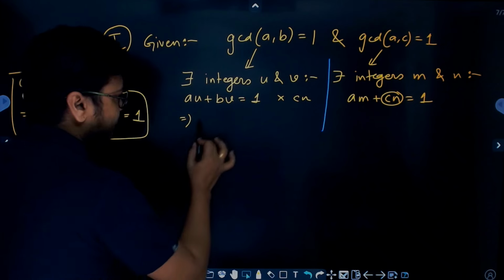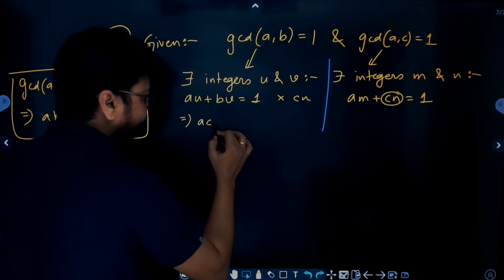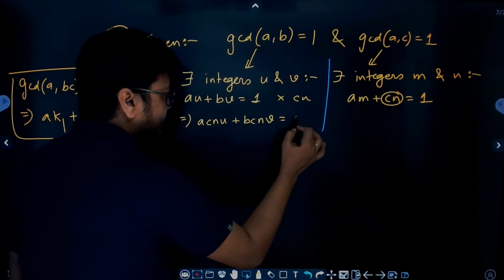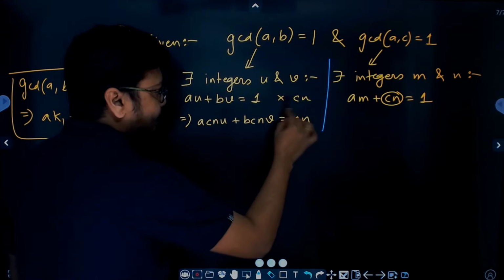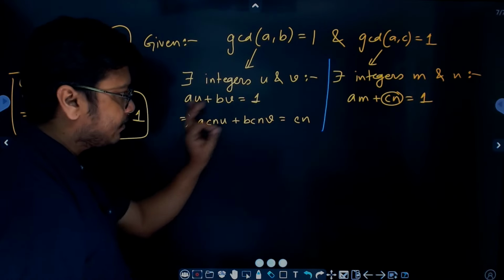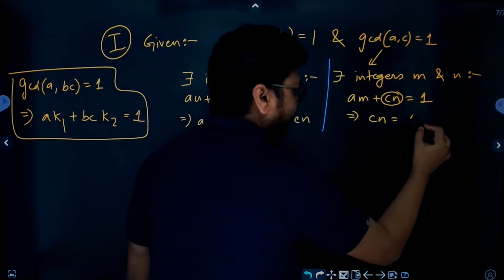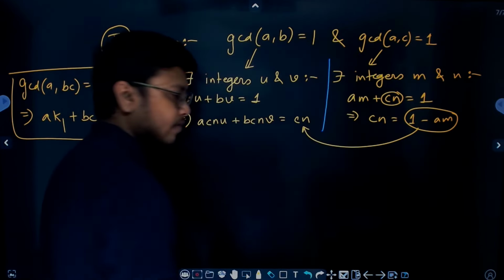If I multiply both sides, I'll be getting ACNU plus BCNV equals CN, right? So I have multiplied both sides with CN. Now the purpose of doing that is that from this equation I have CN equals 1 minus AM, and I can substitute this right over here.